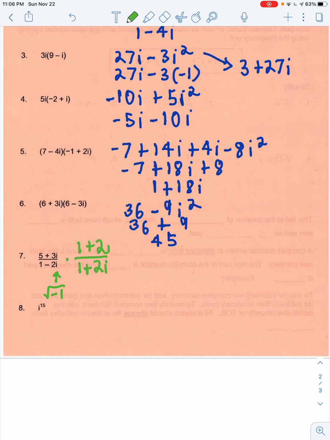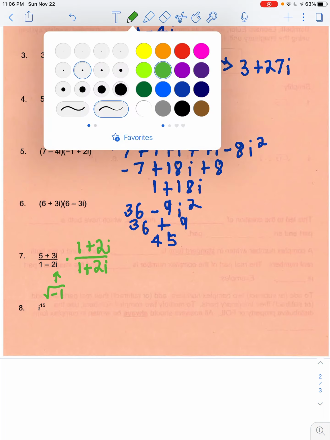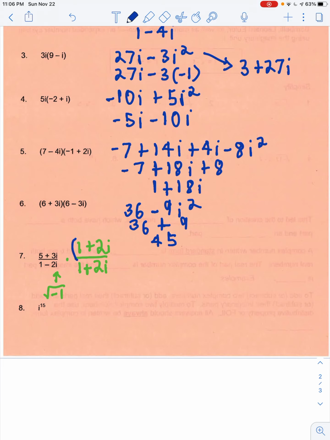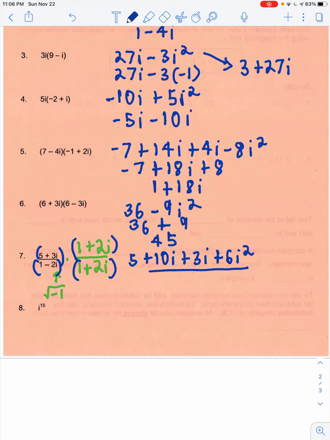So I'm going to multiply both the numerator and denominator of my fraction by 1 plus 2i. And remember, I'm going to need to do FOIL here in both the numerator and denominator. And so what I'm going to end up with in the numerator when I take my product is 5 for the first product, then plus 10i for the outside product, plus 3i for the inside product, and then plus 6i squared.